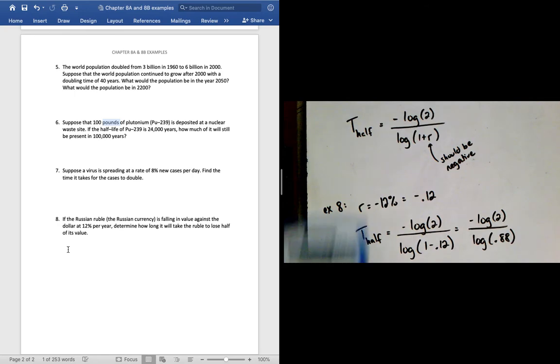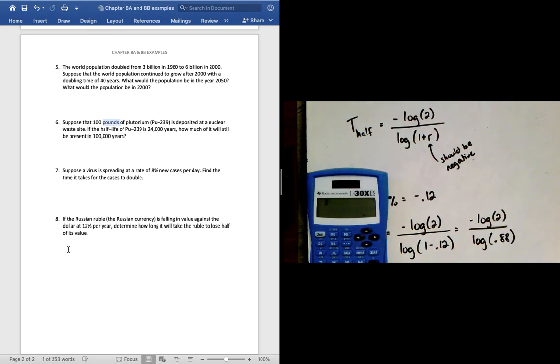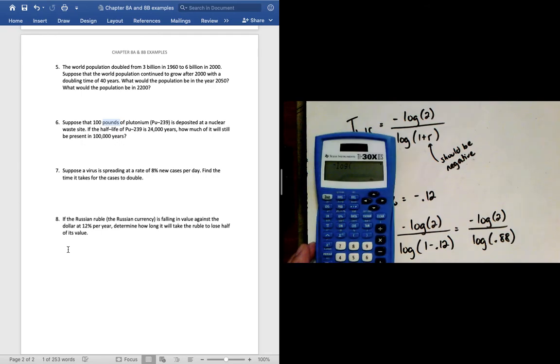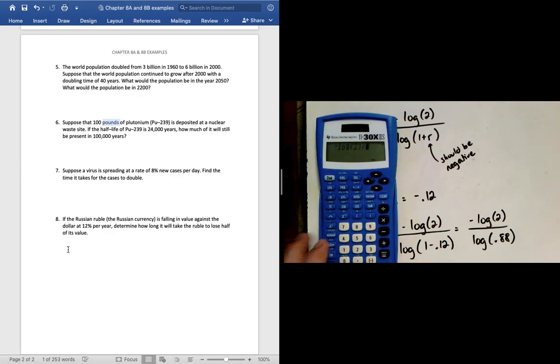Go back to the trusty calculator, plug in negative log 2, and with that, we divide by log of 0.88. And we get about 5.4.